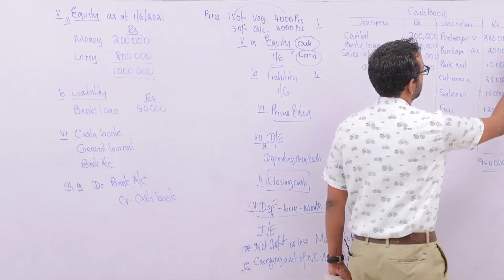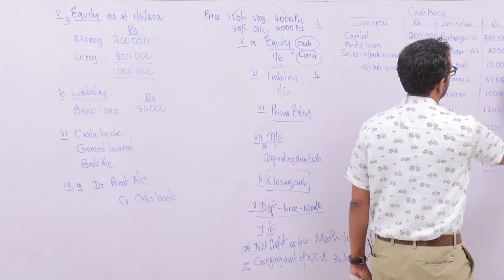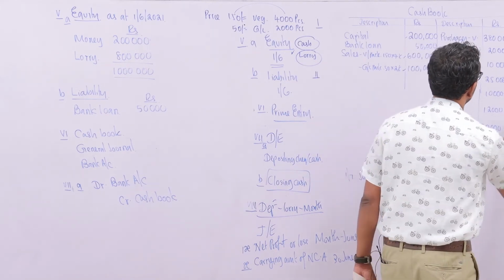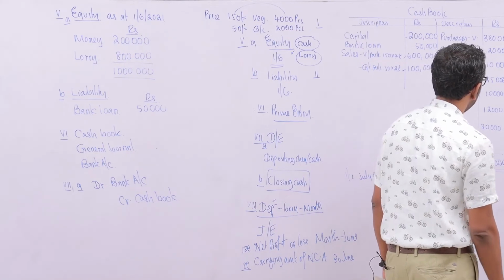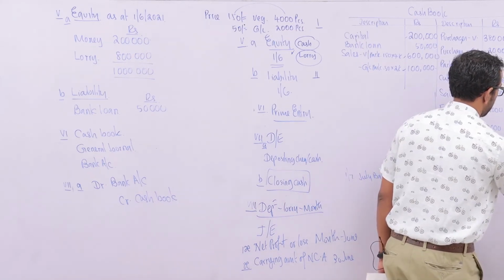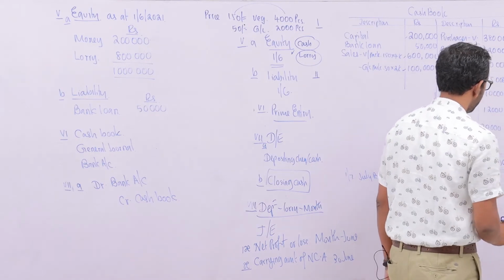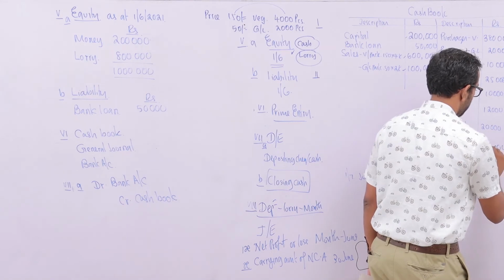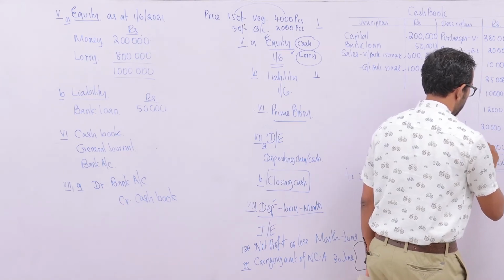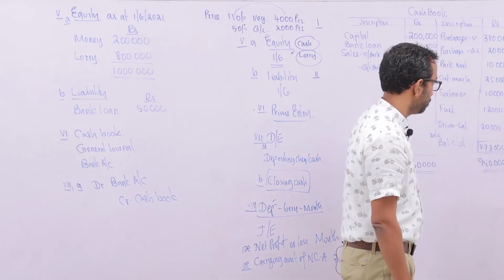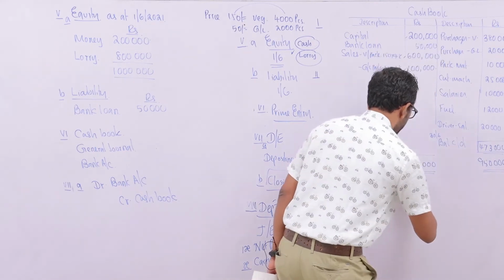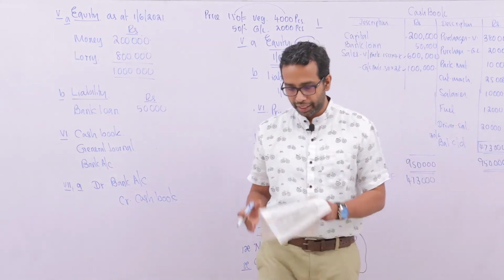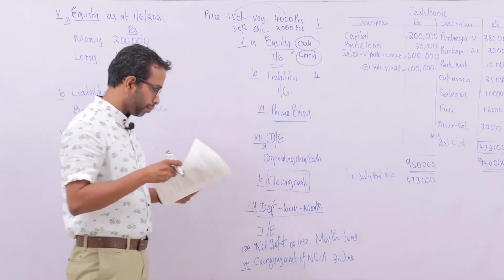Then take 400, 170, 477. Take the difference. This is the closing balance, 473. So you write it here, 473,000. So there is a closing balance of cash. Clear?